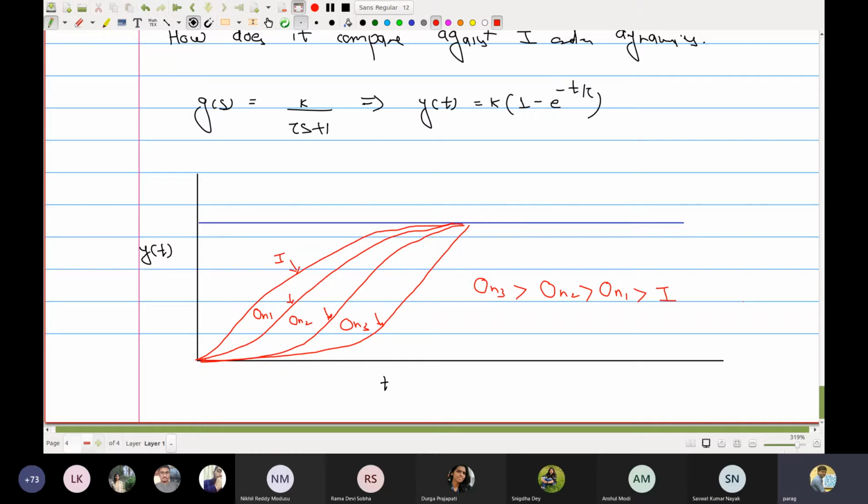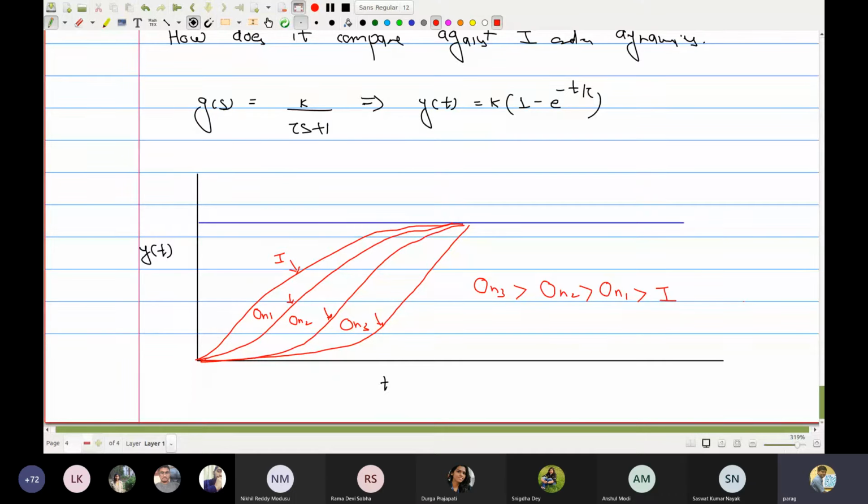Okay, and then if you have higher order systems, your dynamics will be slower and slower and slower. So what we learn from this analysis is that you can look at the transfer function the way you used to look at the matrix.